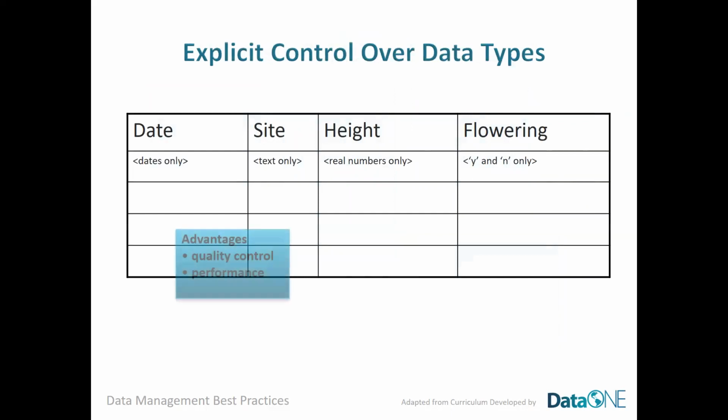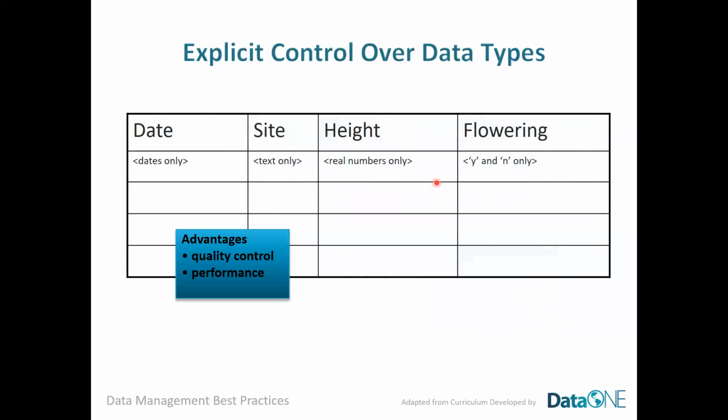Databases feature explicit control over the data types, and they have advantages of quality control and performance as well. Here in this plant phenology table, only dates are allowed in the date column, only text is allowed within the site column, and only real numbers are allowed in the height column.